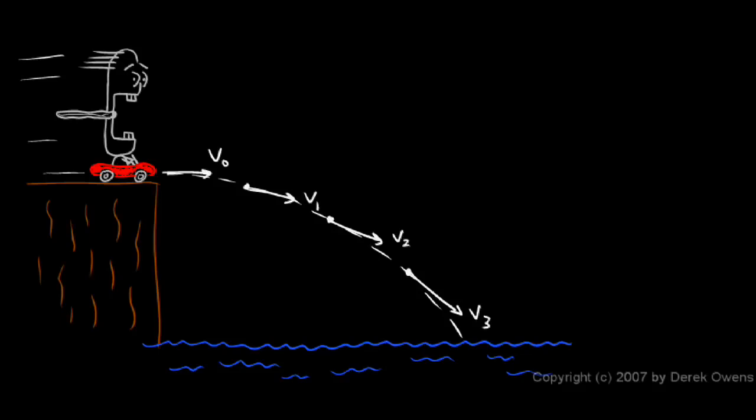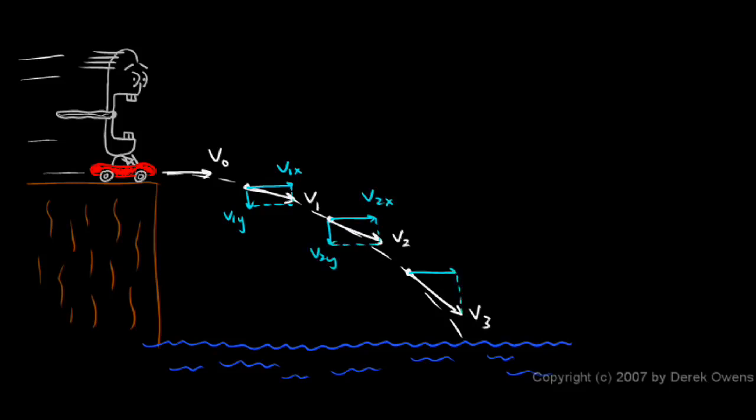Next, I'll say this. The horizontal velocity is constant. If I draw in the components of these velocity vectors, v1 is to the right and down. So I could call this v1x and v1y. And v2 over here has components to the right, v2x, and down, v2y.